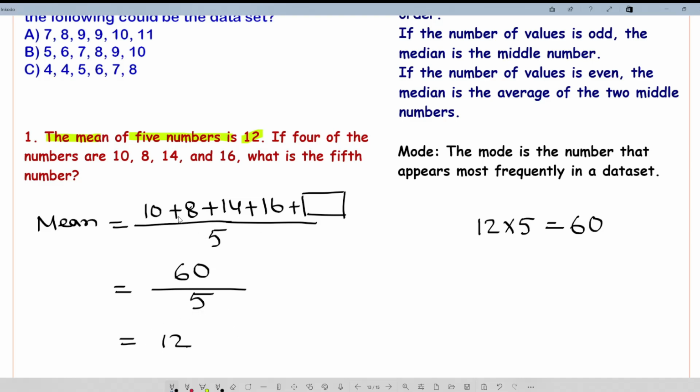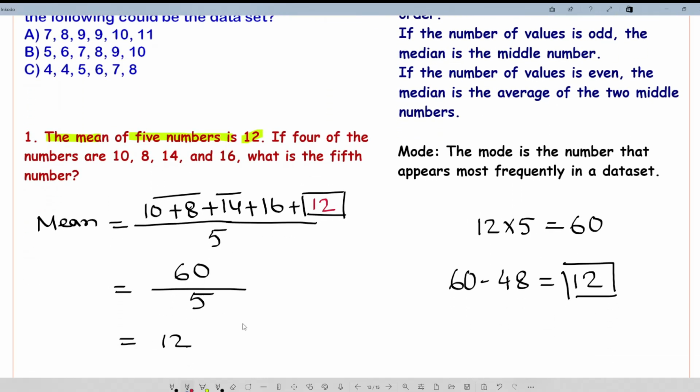So 10 plus 8, 18, 18 plus 14, 32, 32 plus 16, 48. So 60 minus 48, it means the required number is 12. Therefore our answer is 12, right?